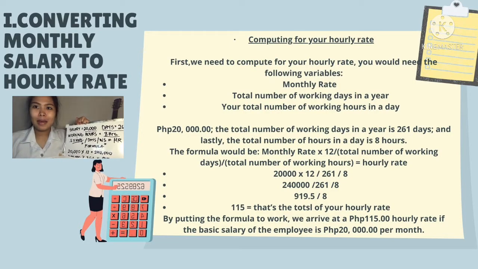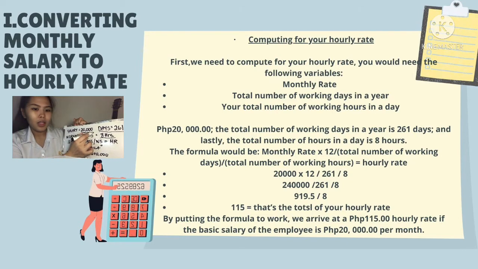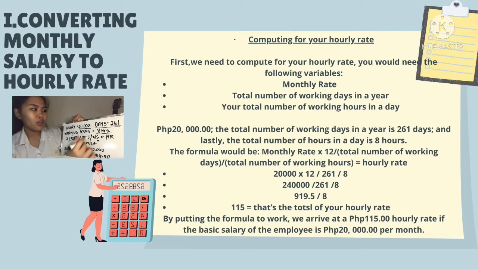So, here's the example. First, diba, meron na tayong monthly rate which is 20,000. And the days in a year is 261. And your working hours is 8 hours. So the formula is salary times 12. Bakit 12?